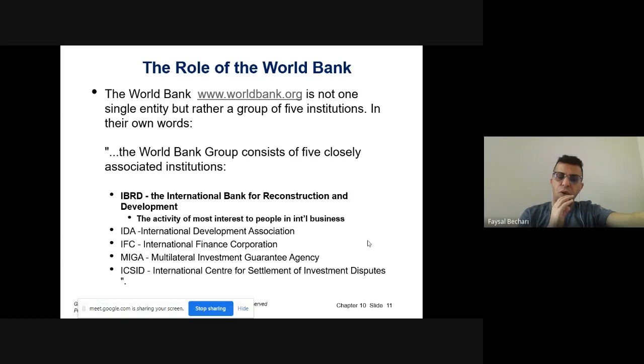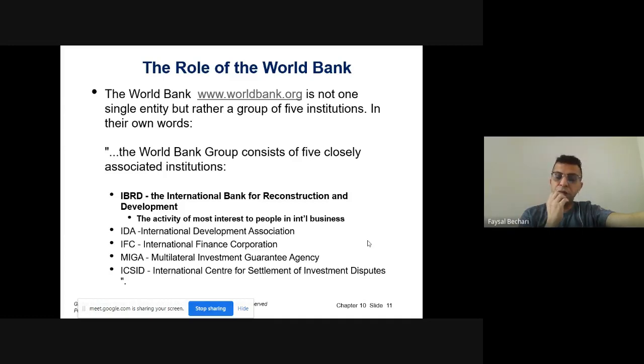One is called the IBRD, or the International Bank for Reconstruction and Development, the activity of most interest to people in international business. Then the IDA, or International Development Association. We have the IFC, which is the International Finance Corporation.